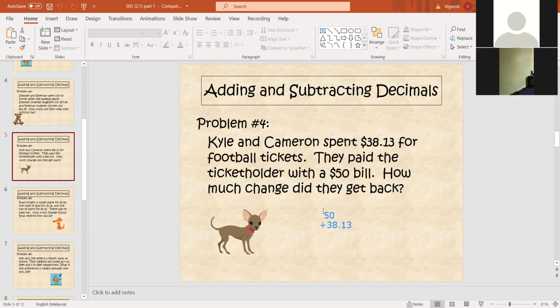Josephine, 50.00. Very good. Yes, correct. So you cannot simply put 50 here. You have to add 50 point 00, then minus, Daniel, not plus. If you want to show the working for the minus, for decimals, if there are no numbers, you please add 0.